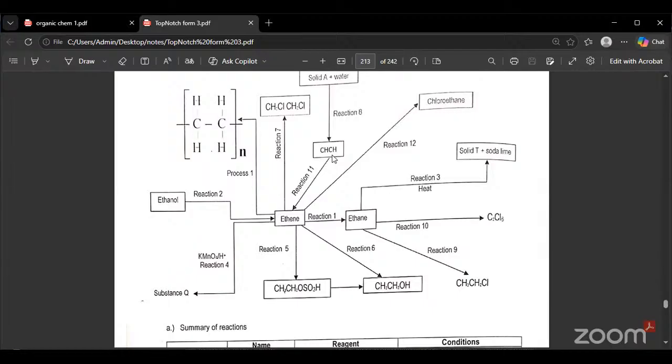Now, this diagram is summarizing all the things that we did from organic chemistry. Immediately I introduced organic one, the first one was alkanes. It is there. I want you to see, we have reaction 1, reaction 2, reaction 3.